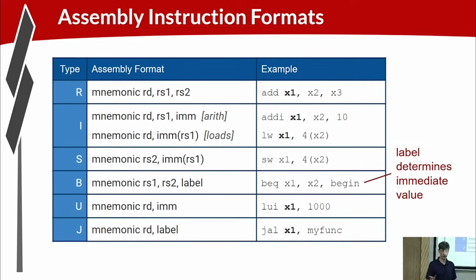In RISC-V, a jump is an unconditional branch. Well, it has a destination register, which is used to capture the PC as a return address. And because it only has this one register, it's got a few additional bits available for immediate, so it can jump a further distance than the branch.